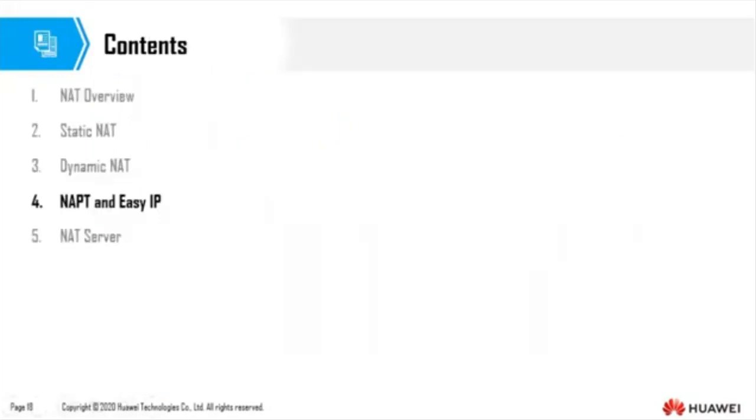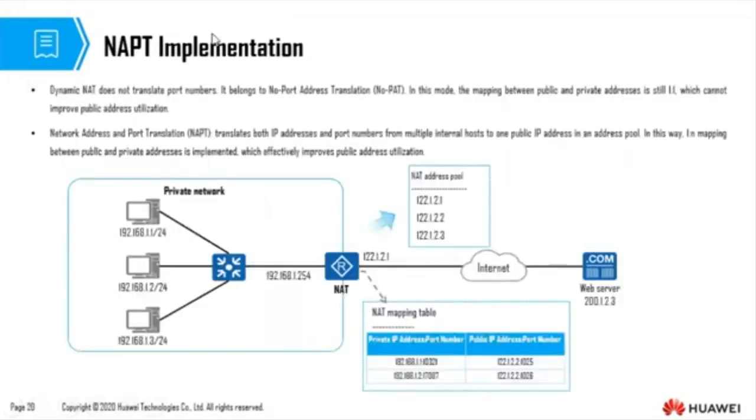Okay, now let's look at network address port translation and easy IP. Now, with network address port translation, unlike the previous ones that we've looked at, that were simply using the IP header information to map public and private IP addresses, this one goes on to also use the transport layer information.